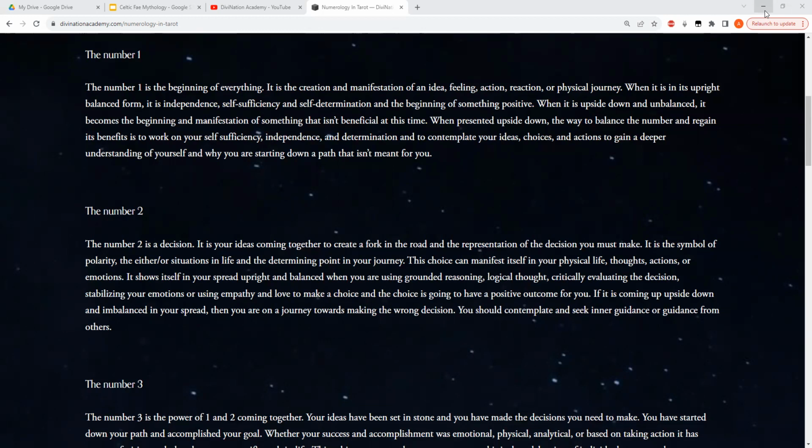So we have to get past just one is having a new baby or one is buying a new house. It's so much more than that when we talk about using numerology on its own without the use of something like suits, like swords and pentacles and so on.